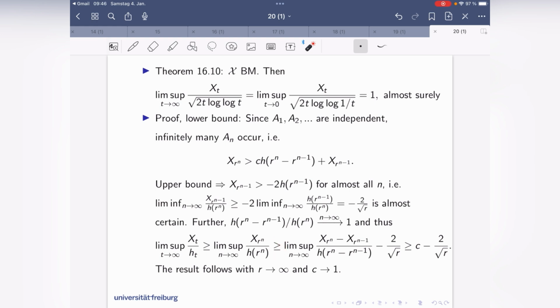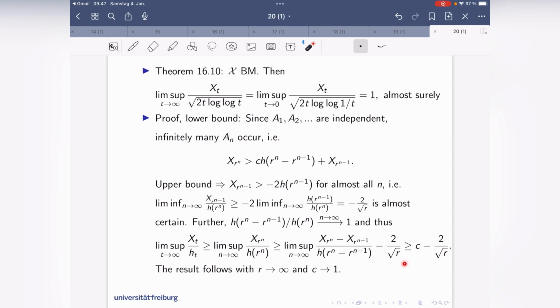I can actually use the upper bound for this, because I know that X at r^(n-1) is bigger than minus 2 times h at this time point for almost all n. And I'm using this divided by r^n, which gives minus 2 divided by the square root of r.